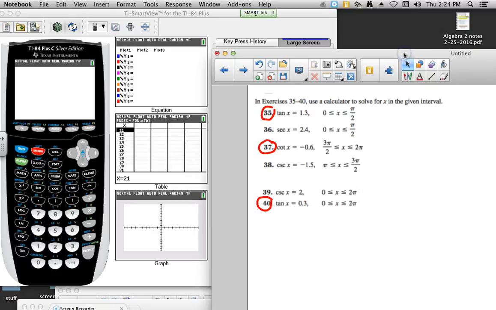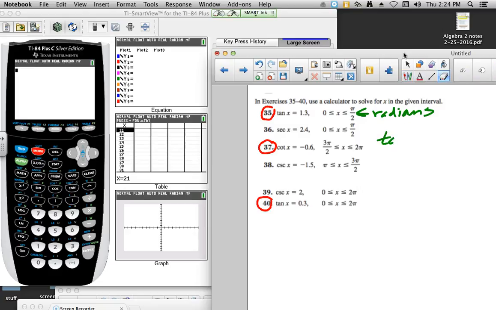So what we would have to do with this is make absolutely certain that the calculator is set in radians. And what we're giving you here, the tangent of x equals 1.3, is 1.3 radians. So what you need to do is find the angle that would give you 1.3 for its tangent. And to undo that, we use the inverse.